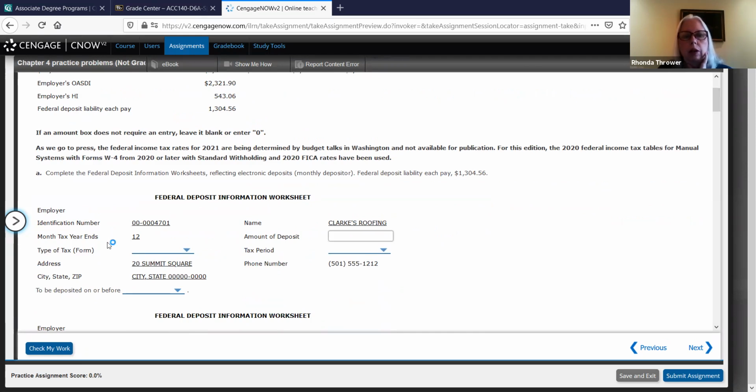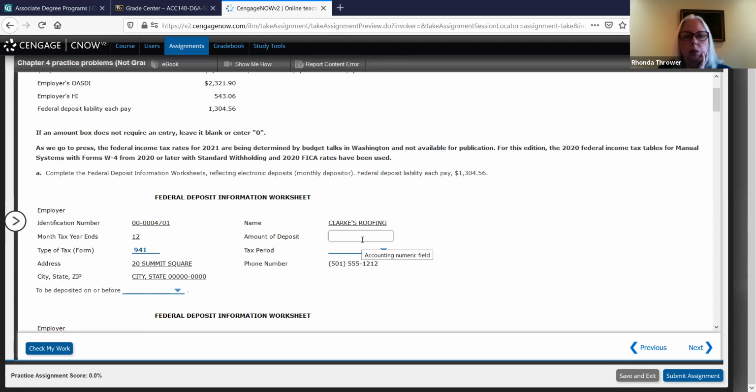We're going to start with the first federal deposit information worksheet, and you can see it's got blanks on here. First of all, what we have to fill in is that this is going to be a type of 941 tax. In other words, we're going to fill out a form eventually called the 941 form that is used to report Social Security taxes, Medicare taxes, as well as income taxes. So the type of tax form that we're going to be using is a 941 form.